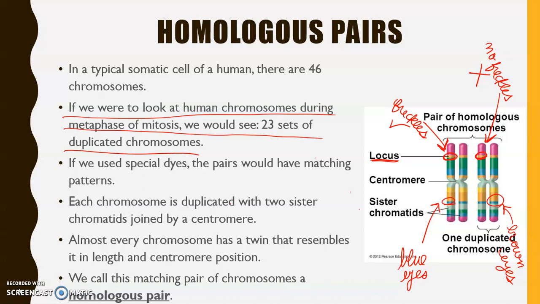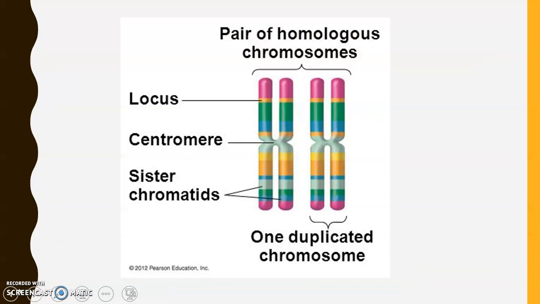But the difference is that in the case of our homologous chromosomes, this is what you would see in metaphase of mitosis as well, and in metaphase 1 of meiosis. You would still see these copies, these homologous pairs.